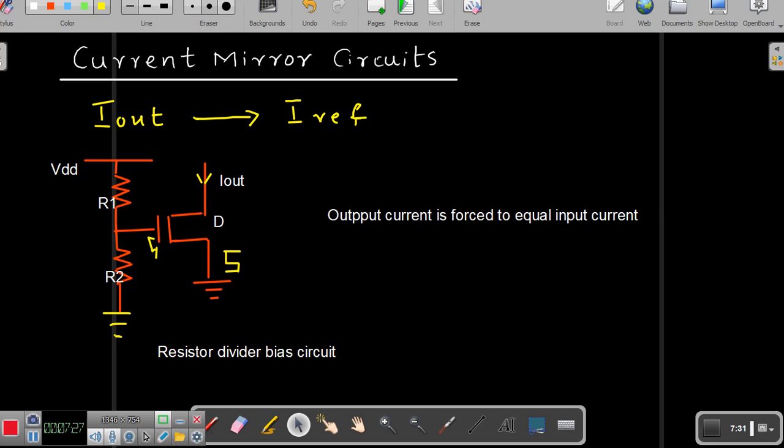So your equation for the output current, we have already taken this equation. What is that equation?